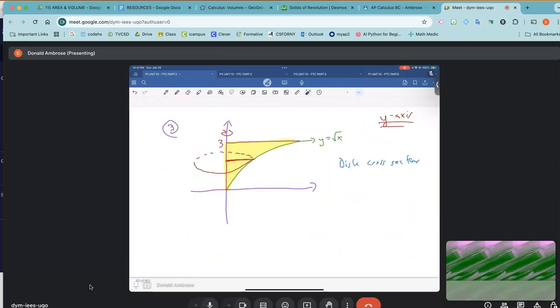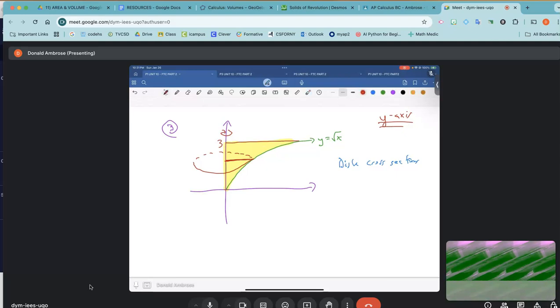But now, if you recall back to when we looked at area of regions, and I know this wasn't something some people so much liked, when you want to measure out from the y-axis to some point, you have to switch everything over in terms of y, meaning this y equals square root of x, we're going to want to solve for it in terms of y, and our integral here has to be in terms of y. There's no two ways about it. Unfortunately, in these cases, you do have to have everything switched over in terms of y.